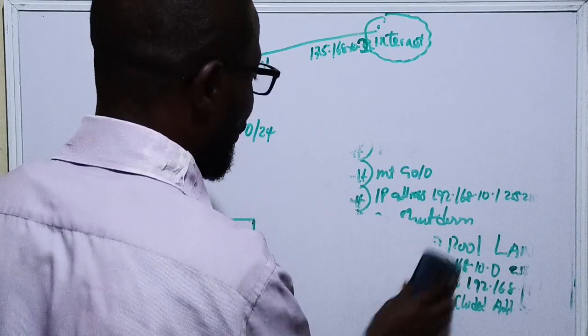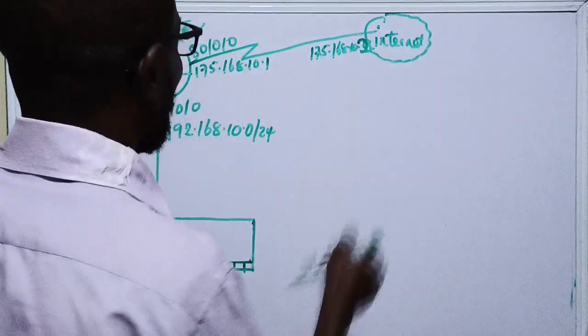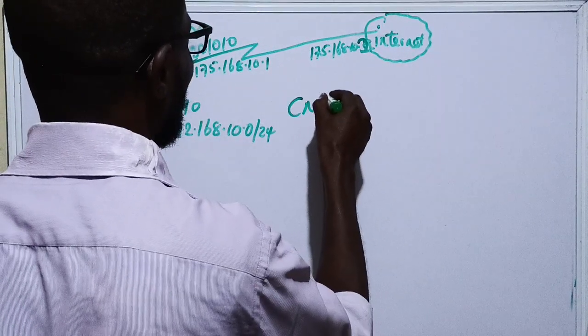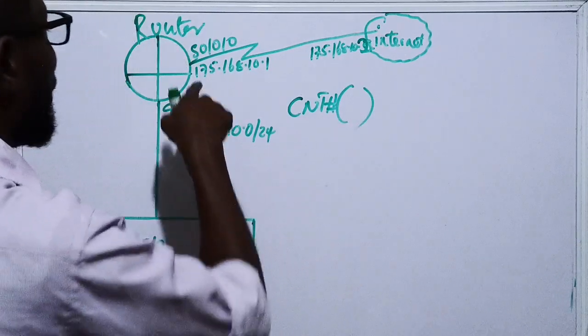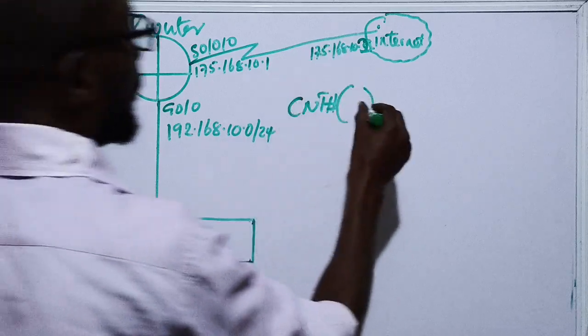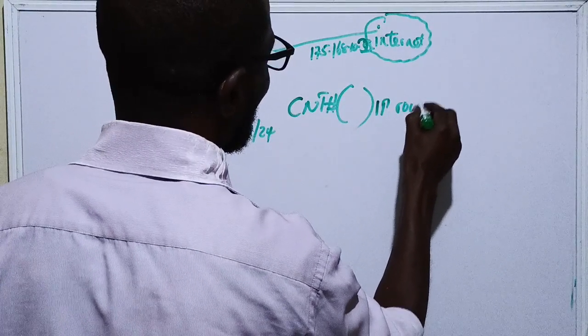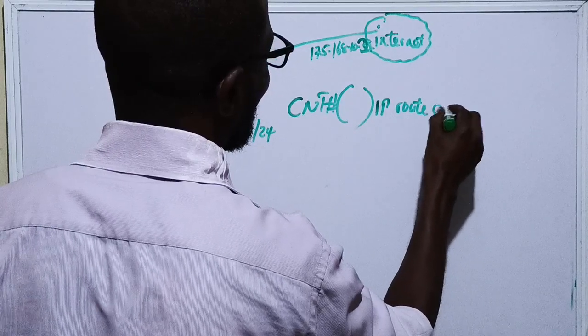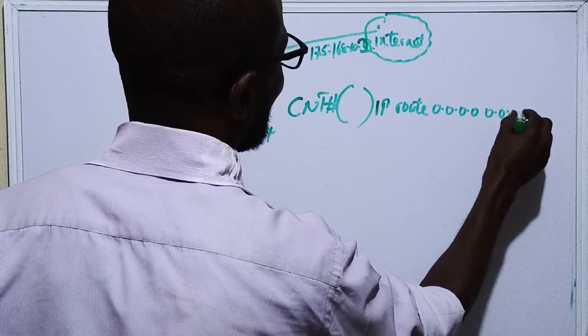This is the way to configure a LAN and connect it to the internet. Okay? So this is configure terminal. What you need to do is create a default route. Okay? ip route 0.0.0.0 0.0.0.0.